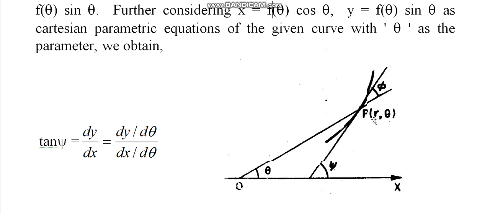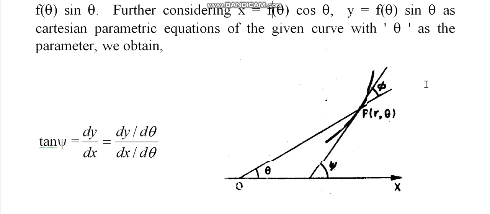So tan psi is equal to dy by dx. So as y is a function of theta, x is also a function of theta, we can write dy by dx in terms of dy by d theta and dx by d theta. So I have written dy by dx is equal to dy by d theta divided by dx by d theta.